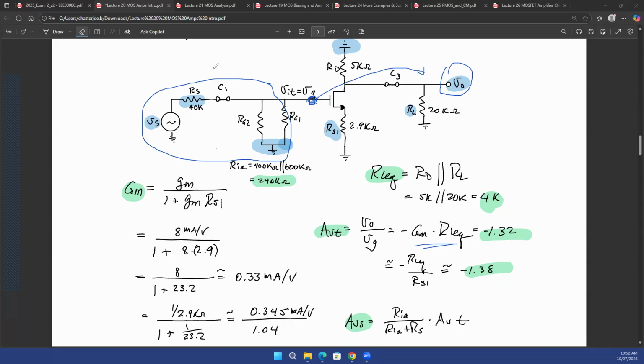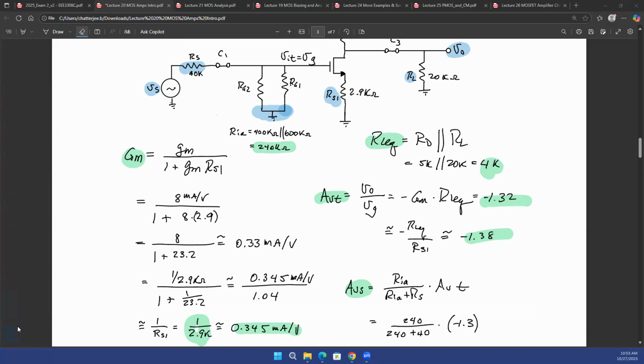And on the left side of the MOSFET, you just have a very simple voltage division because of the source resistance of the voltage source, and then these biasing resistances that were connected for the gate of the MOSFET. And that voltage division is something that you already found out in your homework 2, homework 3, all those problems. And you know that it's just a very simple voltage division of 240 divided by 240 plus 40, because this was 240 kilo ohms and this is 40 kilo ohms.